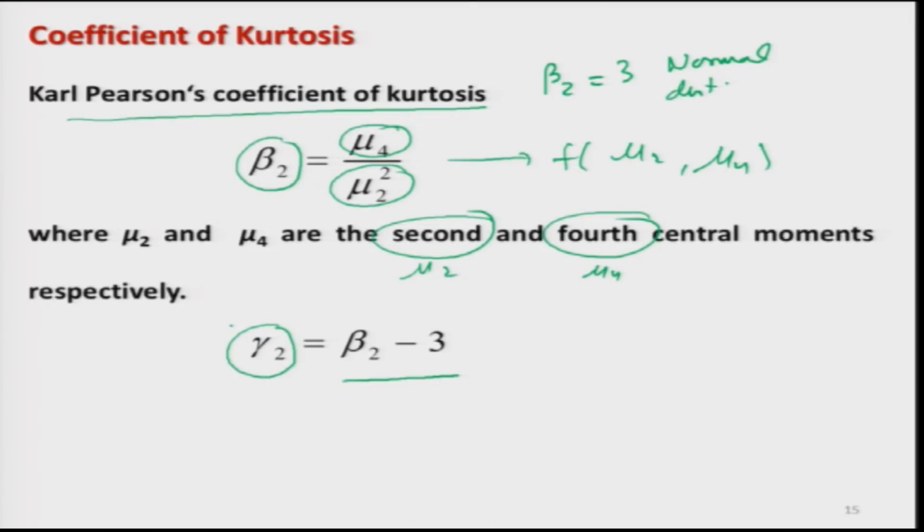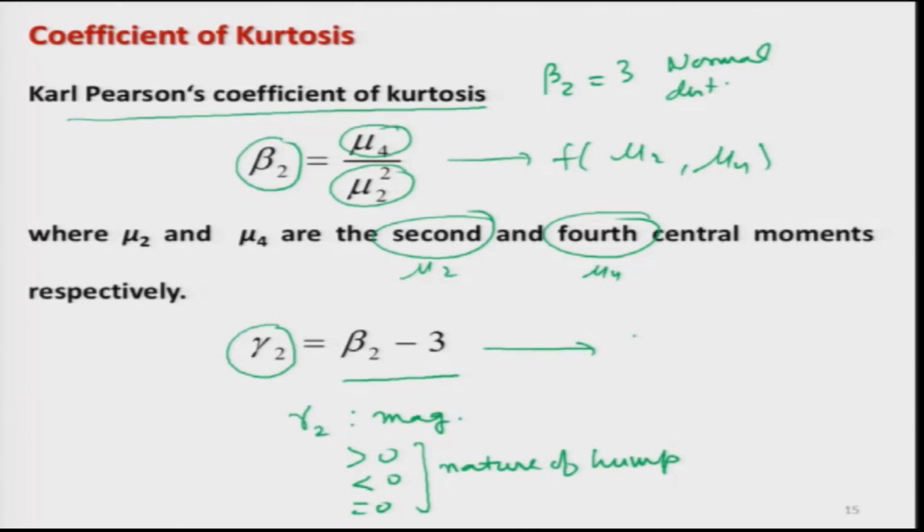Now, the advantage of gamma 2 is that just by looking at the value of gamma 2 we get the idea of the magnitude, and whether it is greater than 0, smaller than 0 or equal to 0 gives us the idea about the nature of the hump. That is why we have two coefficients of kurtosis, and in our software this gamma 2 is produced in the outcome.